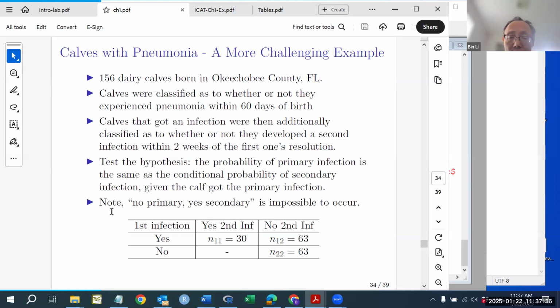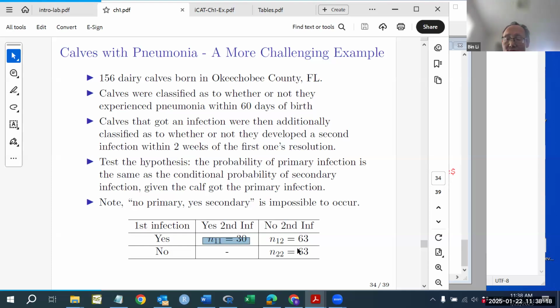So first, let's just create a table. We have the first infection and the second infection, right? For the first infection, we have two possible cases, yes and no. And for the second, we also have yes and no. What we observed is 30 calves have both pneumonia infections, first and second. And we have 63 calves that only got the first pneumonia infection, the primary infection.